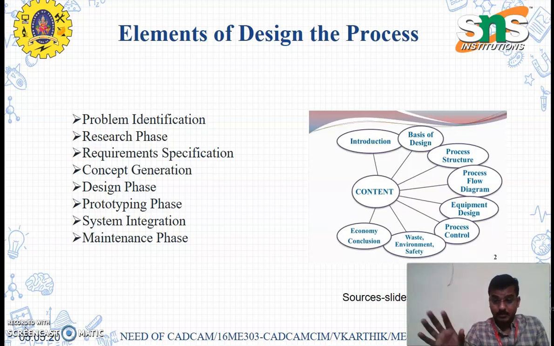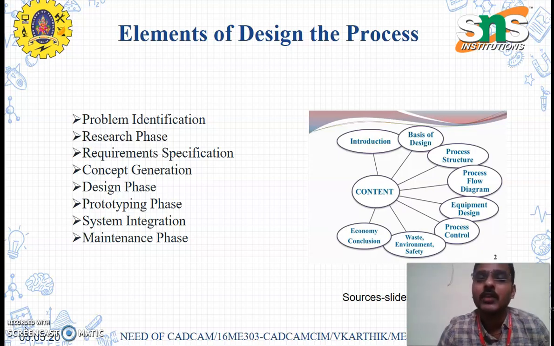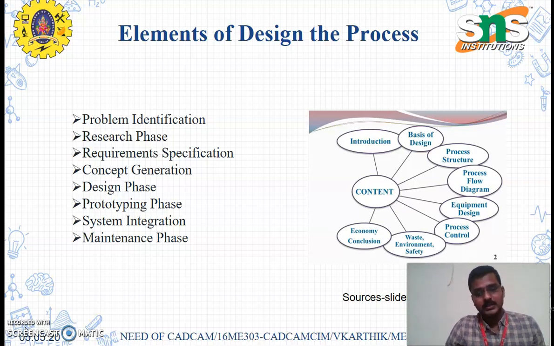These step-by-step requirements, or the step-by-step procedure, is called the process flow diagram. And then we have to make an equipment design. That particular product is to be designed exactly based on the requirement.